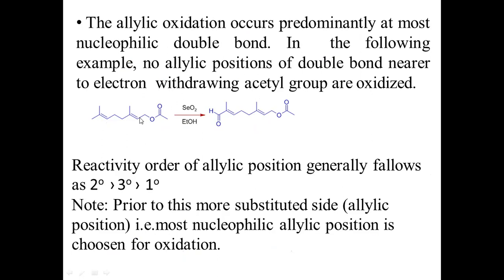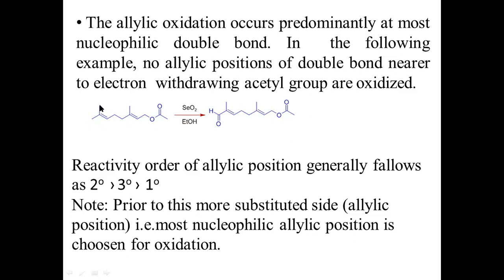So in the following example, if you see this molecule, we have one allylic position, and this one is also an allylic position, and this is also an allylic position, and even these are allylic positions. In this molecule, this position is not oxidized, because it is not that nucleophilic.